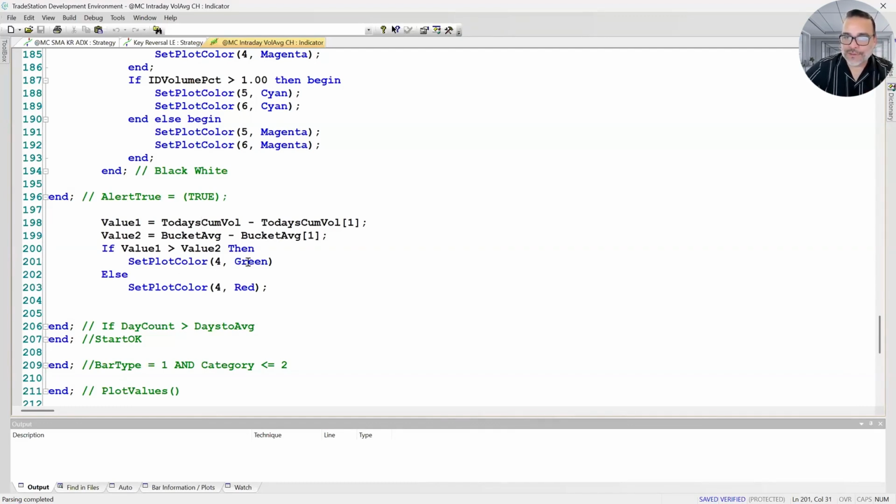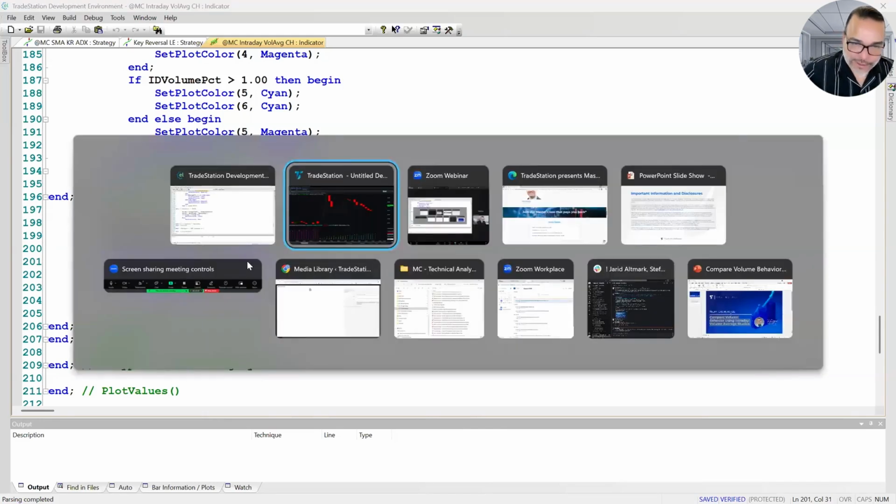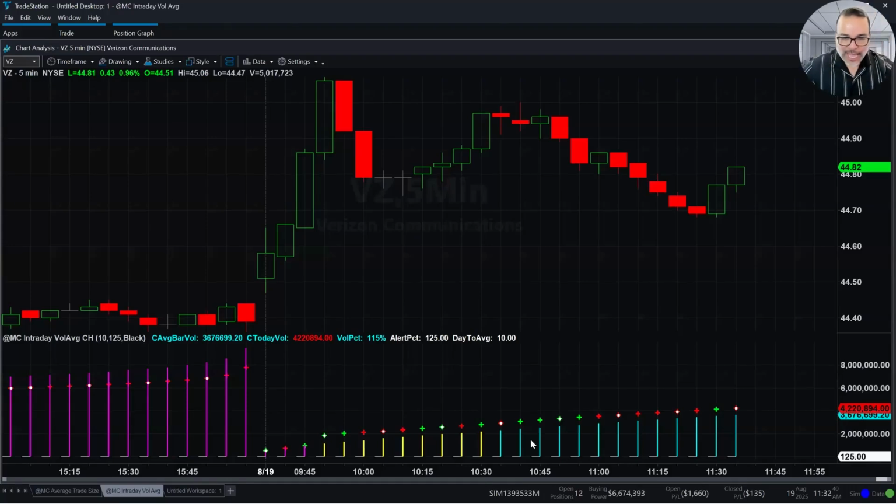So always come back here to the EasyLanguage to take a look at the exact formula and understand what it's doing. So if I go back to my chart, I understand what the color of those crosses represents.